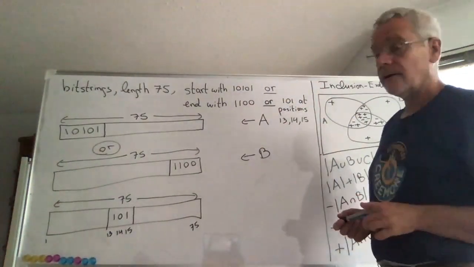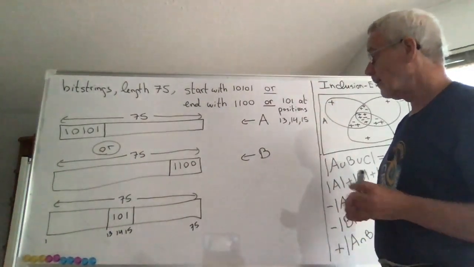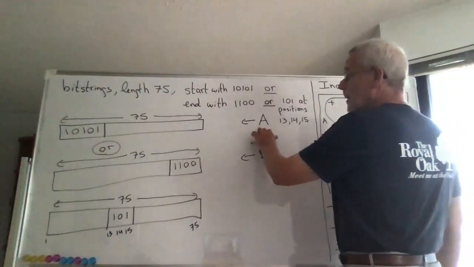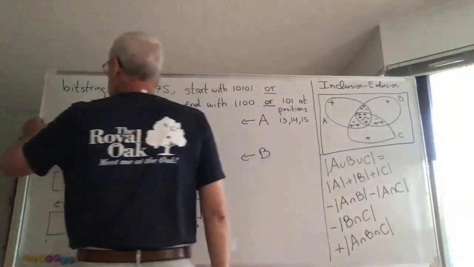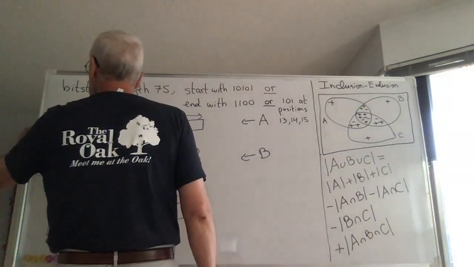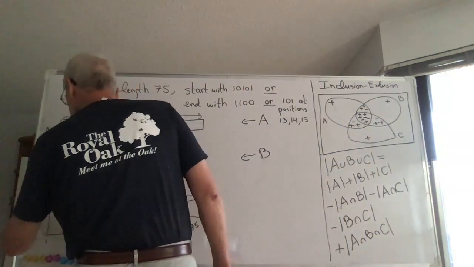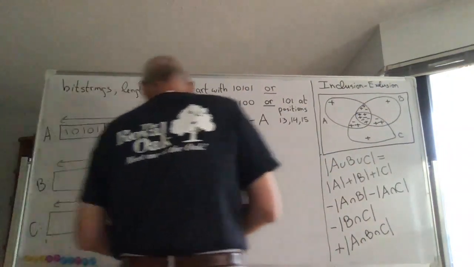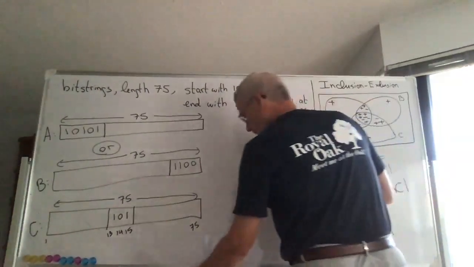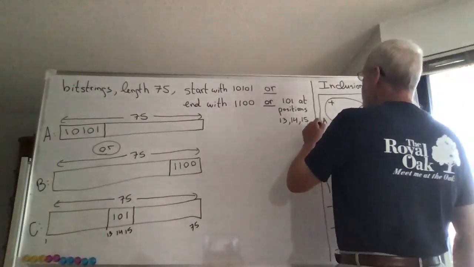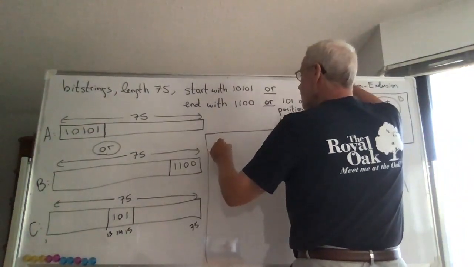So we can again naturally split strings of this type into 3 groups. The set A is the same as we had earlier on. We write it here and make some space. This is the set A, this is the set B, and this is the set C. And we are really asking for the size of the union of A, B, and C.